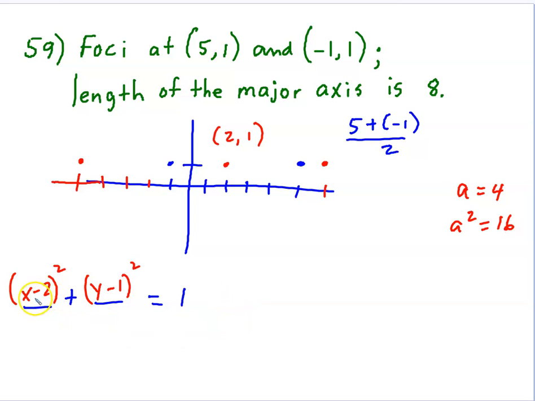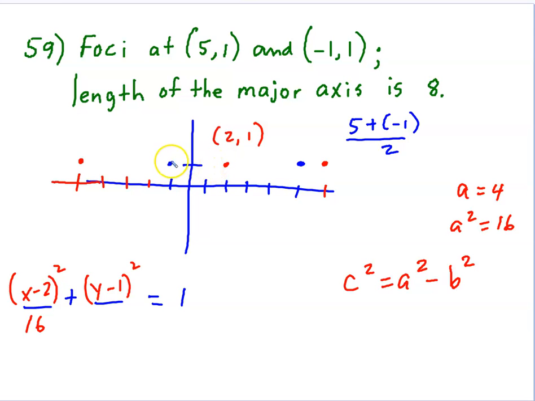And since the major axis is horizontal, that means x gets the bigger denominator. It gets a squared. And now let's find out what b squared is. c squared is a squared minus b squared. So c squared has to be, again, the focal points are 1, 2, 3 units away.